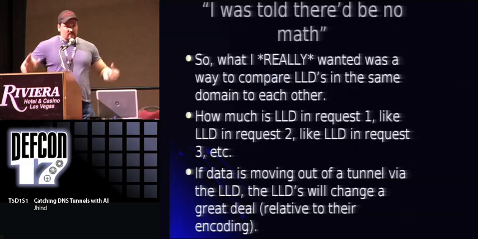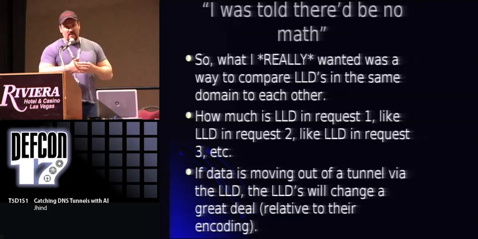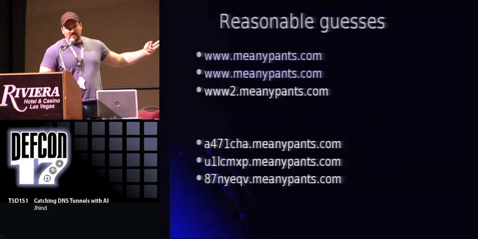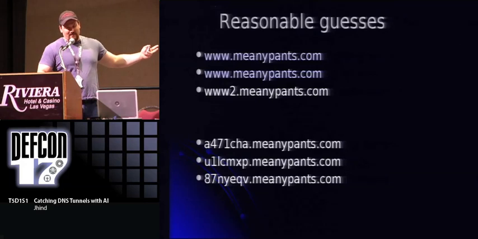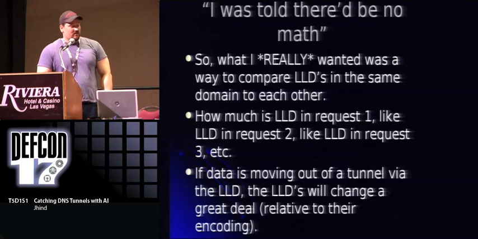So what I really wanted was some way to compare LLDs in the same domain to each other. I want to see the difference between the LLDs, right? Here, the first two requests are exactly the same, and so that's probably not being used to smuggle data. I mean, it could be, right? Probably not, though. The bottom ones? Different call. They're very different. They could be used for lots of things, right?